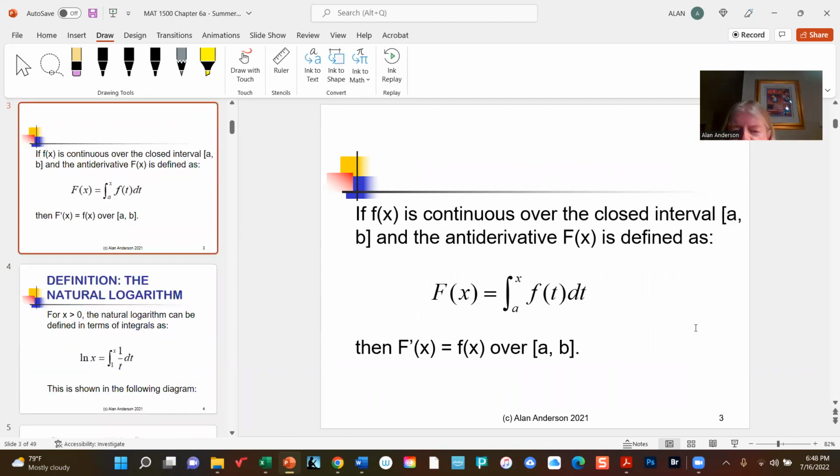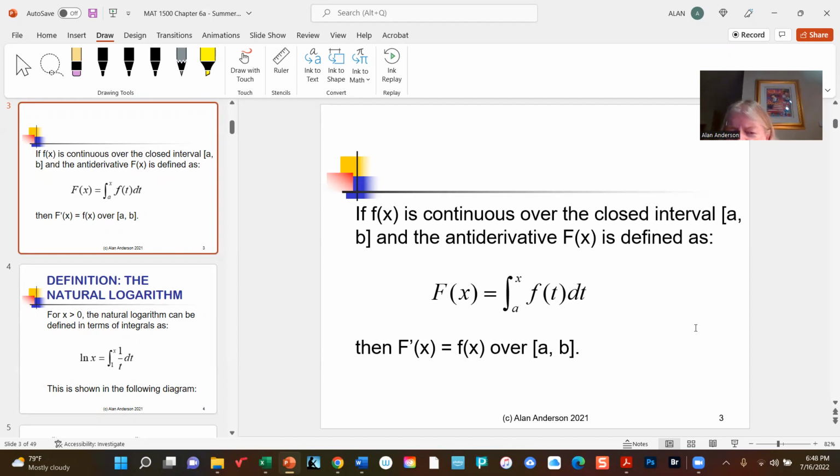So first things first, we say that if f of x is continuous, of course, as usual, the function must be continuous, and also it must be continuous over a closed interval a to b. You'll recall that the antiderivative is defined as the function whose derivative gives us back f of x. But we're seeing here for the first time a different way of expressing it.